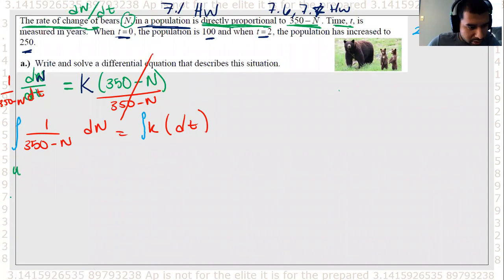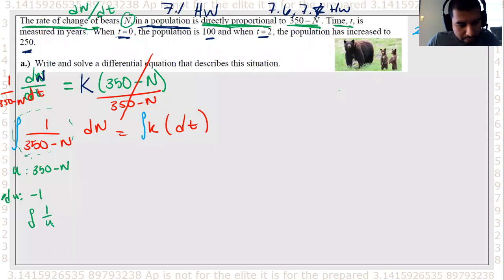This is u substitution. u is 350 minus n, and du is -1 dn. But I don't see a -1 on the left-hand side, so I need to compensate for that by multiplying by a negative du.